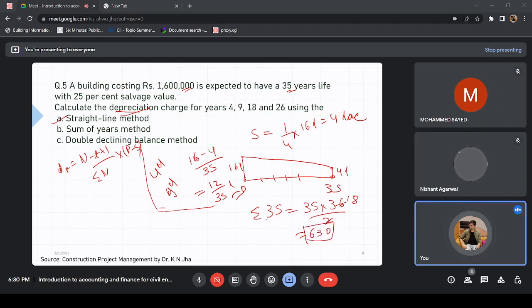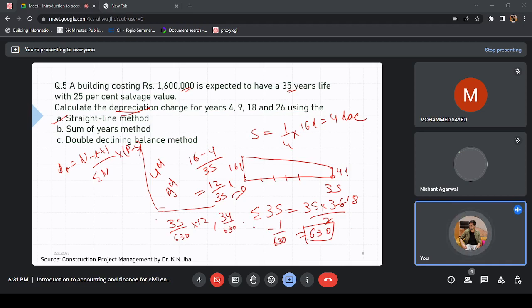So what we are doing is that we will depreciate the whole value of 16 minus 4, 12 lakh, in 630 parts, such that in the first year we would be depreciating 35 by 630. In the second year it would be 34 by 630, coming down to 1 by 630.